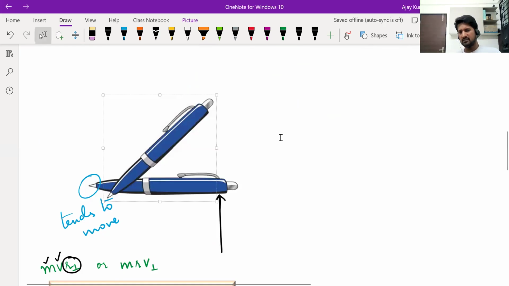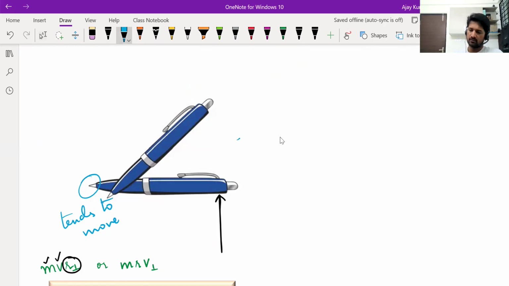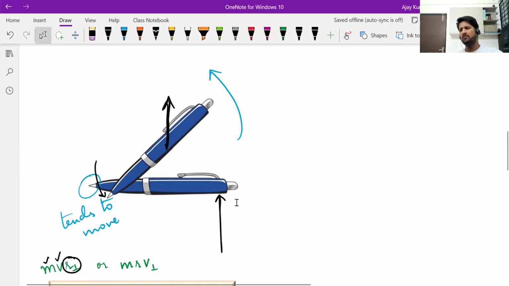It has a tendency to rotate and it has a tendency to translate also. It's a case of combined translation and rotation, which is the third type of motion. We'll discuss that after conservation of angular momentum. But due to the spin being too high, the left end of the pen would have actually had a tendency to go down like this. That is what should have happened. I'm not saying the pen is identical to the rod, but this possibility is there.